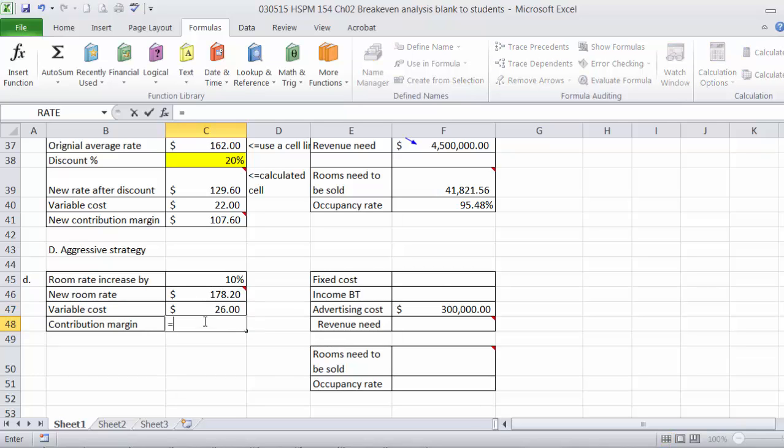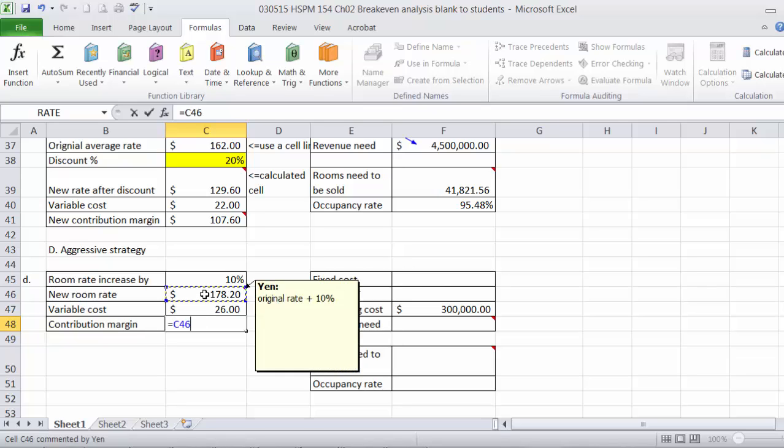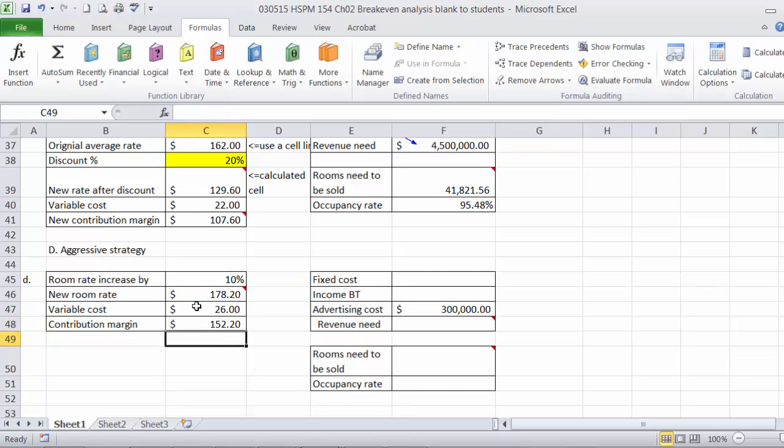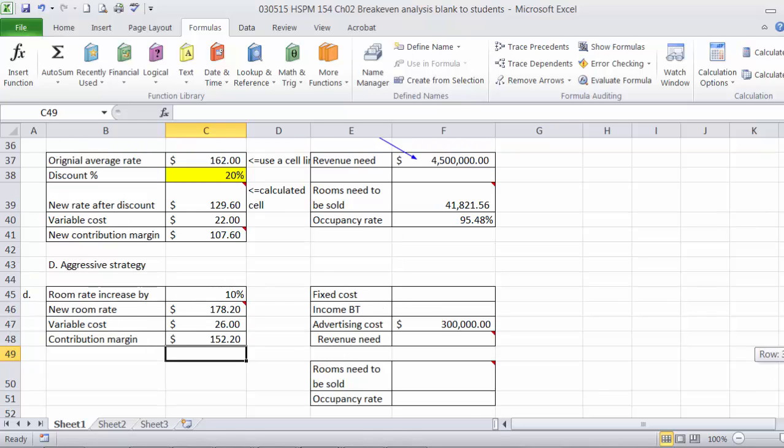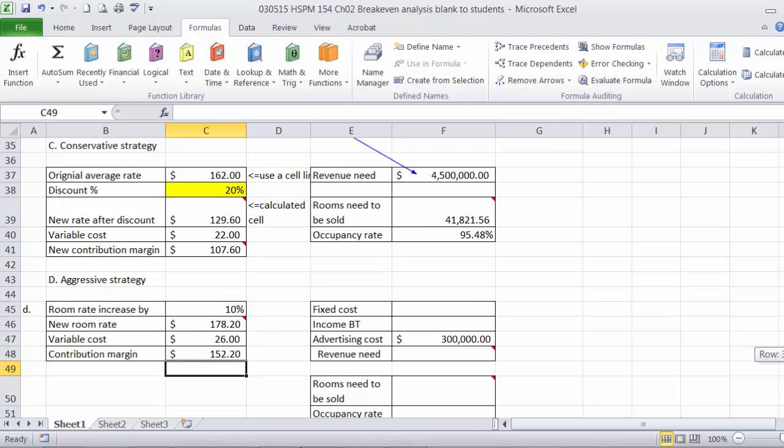Then the variable cost increased to $26. So what's the contribution margin? Our contribution margin increased to $152, right? That's even better than the original contribution margin.